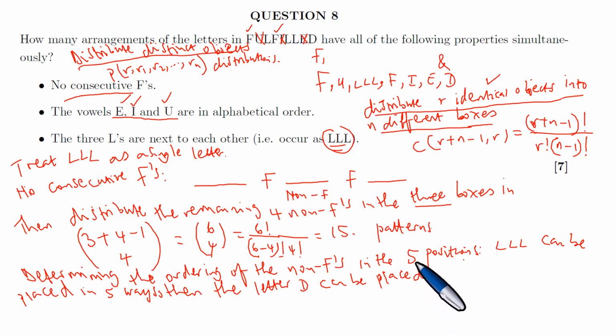Obviously now we have placed the L's, and therefore we have 4 positions left. So the D can be placed in 4 ways because we have 4 positions left. Out of the 5, the triple L have taken 1 position.